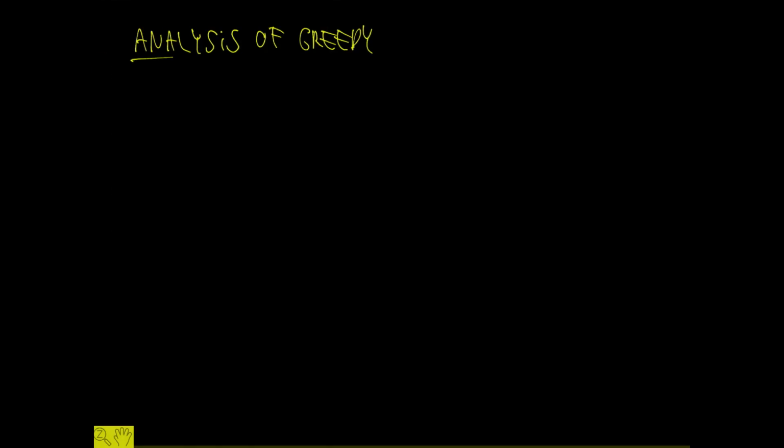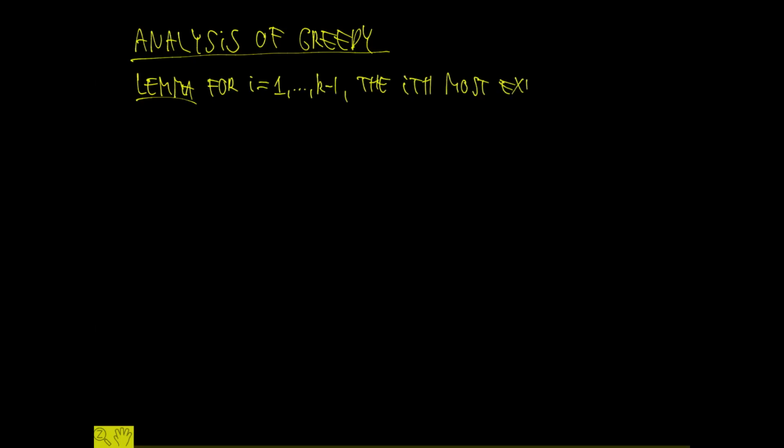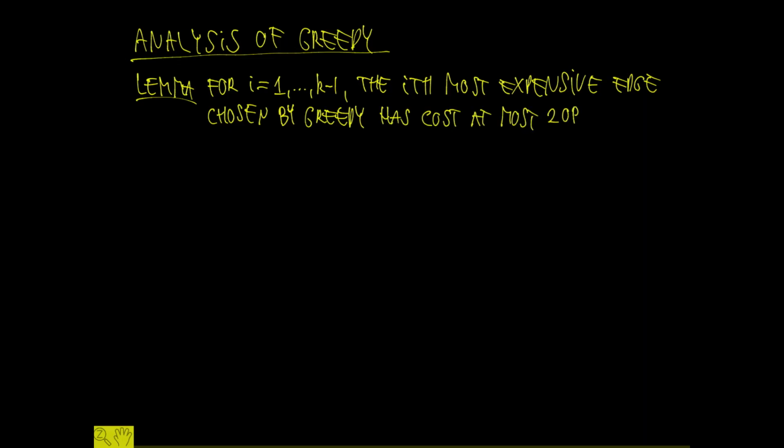Finally, we are going to give an upper bound on the competitive ratio of greedy. And the key lemma here is that essentially what happened in the previous lower bound is tight. So if we look at the ith most expensive edge that is chosen by the greedy algorithm, it's going to have a cost that is at most 2 times opt divided by i, which is up to a constant factor tight for the previous example.